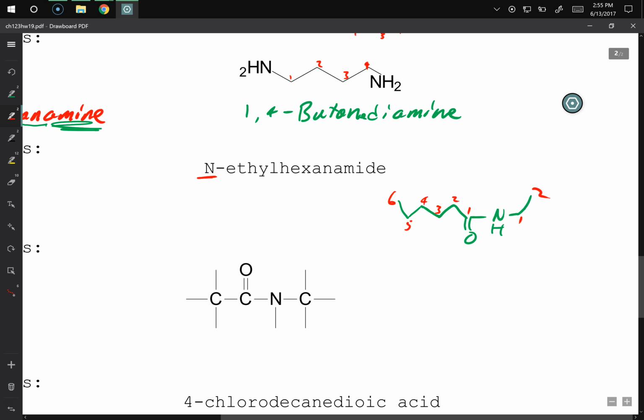So on the nitrogen, there's a 2 carbon chain. So there's my 2 carbon chain attached to my nitrogen.